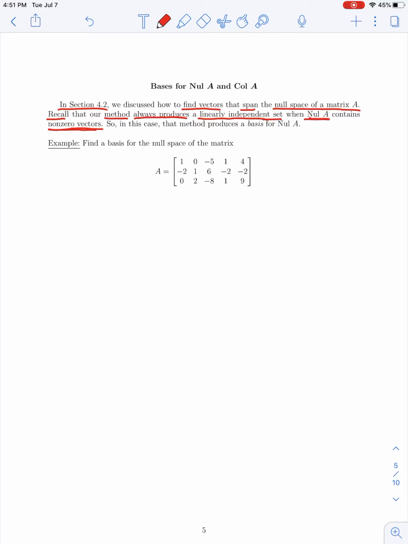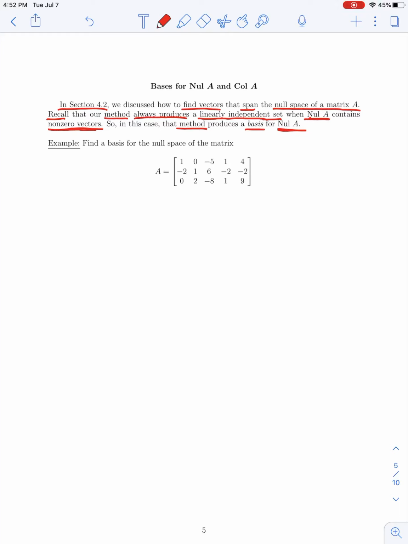Therefore, this method that we were looking at in section 4.2 of finding a spanning set for the null space produces a basis for the null space, because the vectors which we find are guaranteed to be linearly independent. So finding a spanning set for a null space using the method of section 4.2 is equivalent to finding a basis for our null space.